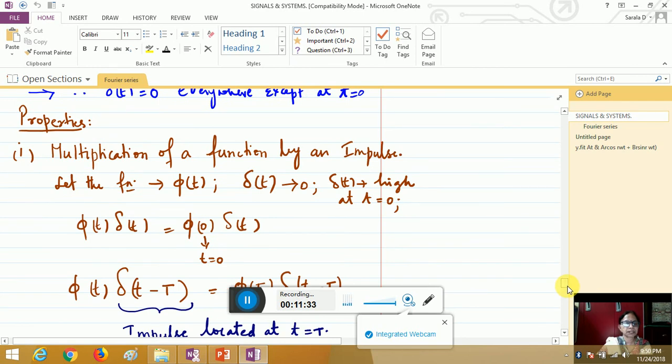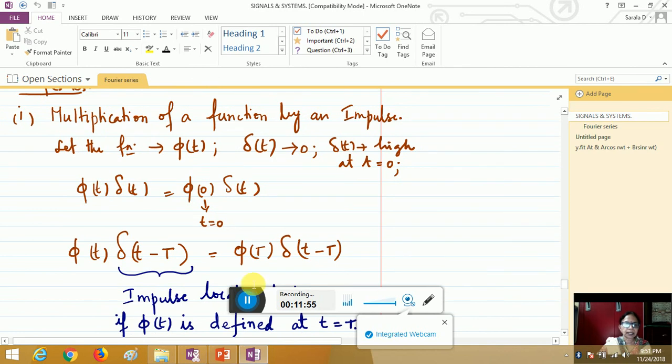What are its properties? Multiplication of a function by an impulse. Let the function be represented by phi of t, and delta t tends to high at time t equal to 0. So when you multiply this delta function with the function phi of t, what you get is phi of 0 into delta t. This is at time t equal to 0.